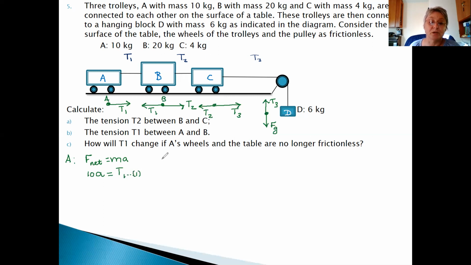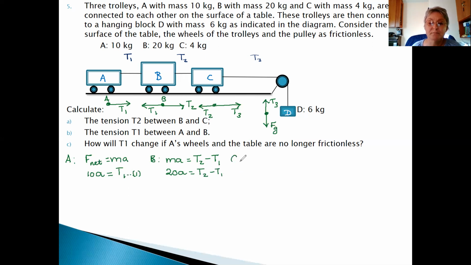The second equation for B would be MA equals, I'm choosing to the right as my positive direction, T2 minus T1. And if I substitute the value here, it's 20A equals T2 minus T1.